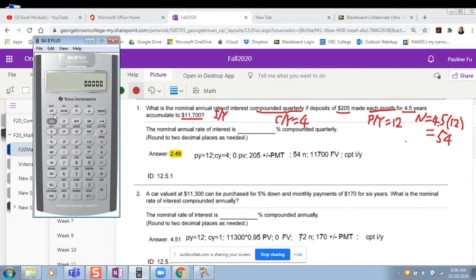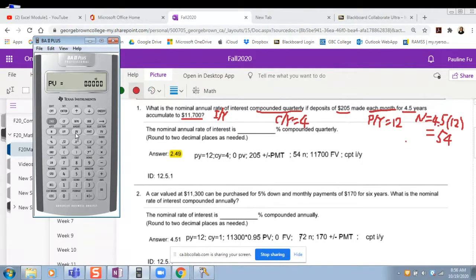And now enter 205 negative, PMT. 54, term N. 11,700, FV. 0 is PV as precaution to clear any previous entries.